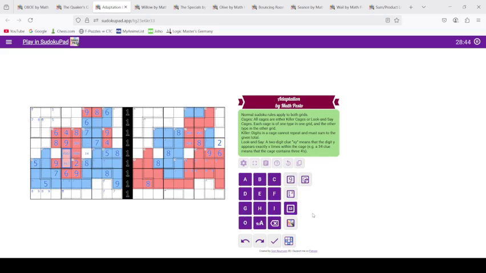These are not 6. 6 goes in one of these 3 cells. That makes that 6 8 9 triple. That's not a 9. The rest of the digits in this box are 1 2 3 and 4. No, this is not a 9, that's not a 9. This is a 9.